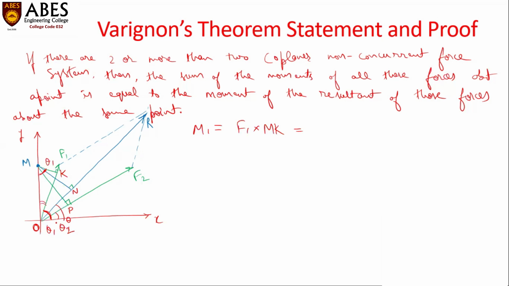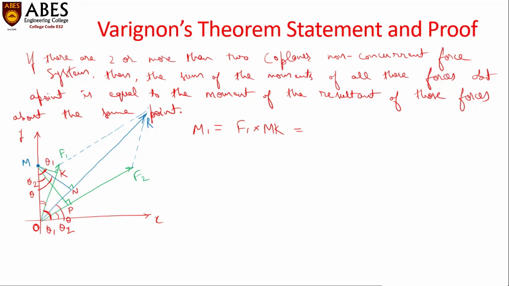Similarly, if the angle made by the force F2 from the x-axis is theta2, this angle will also be equal to theta2. And the last one, this angle will be equal to theta. Geometrically, we can prove it using some basic fundamentals of triangles.